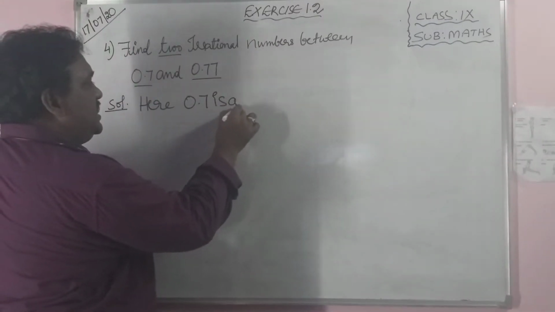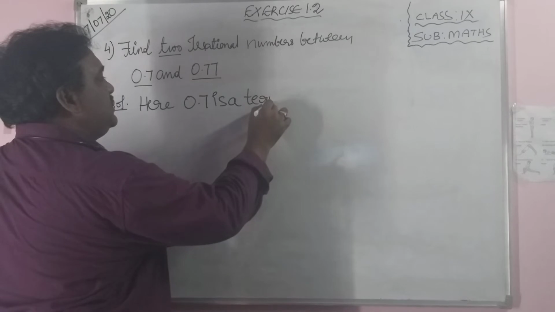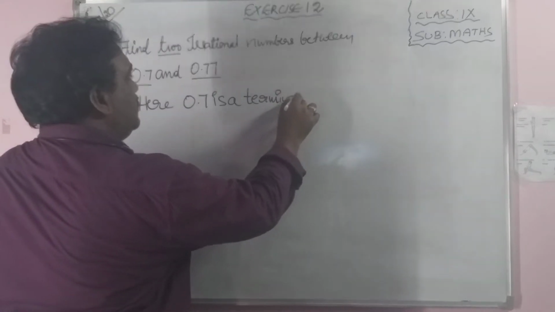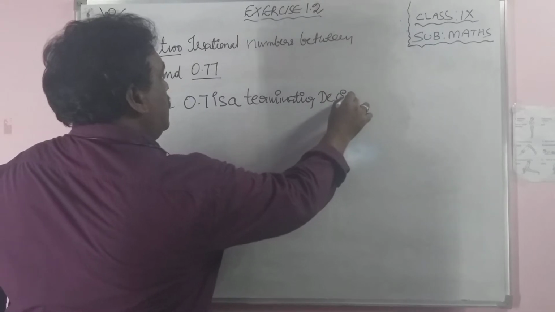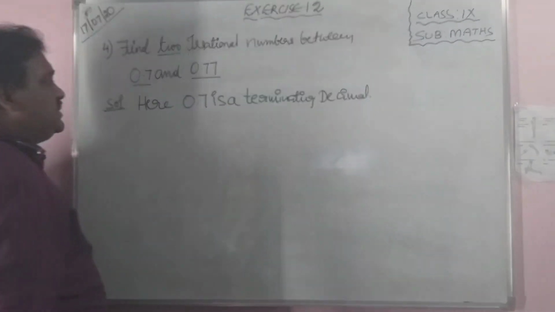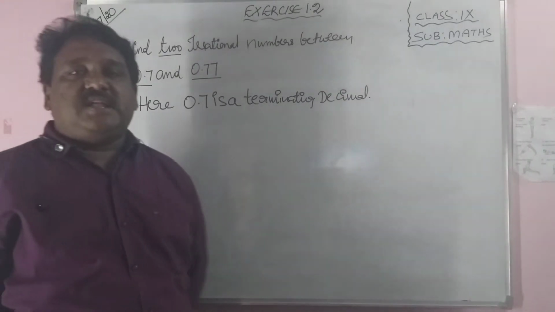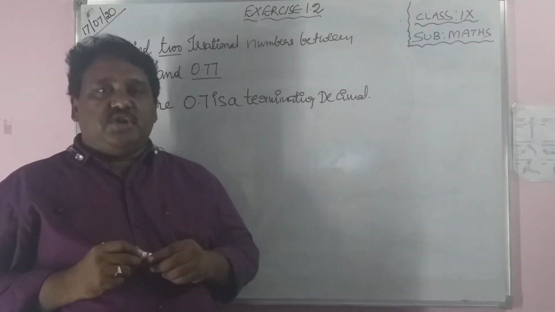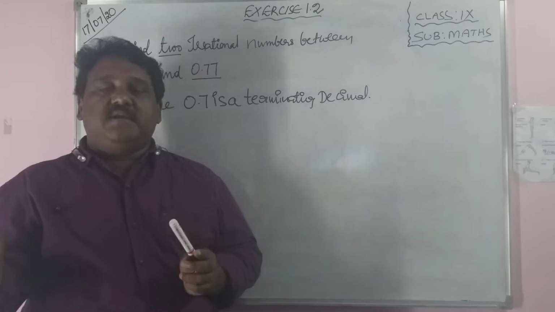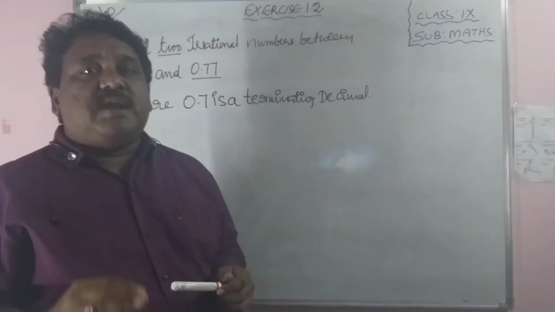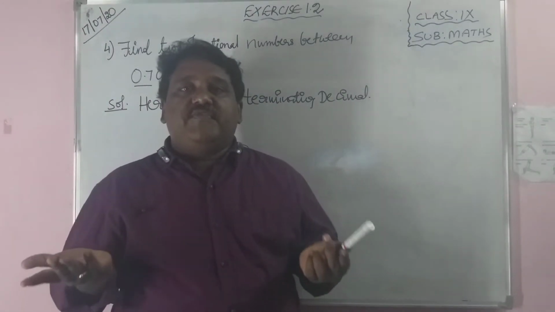0.7 is a terminating decimal. Already I told you, a terminating decimal is nothing but a rational number. We can write a terminating decimal in the form of p by q.